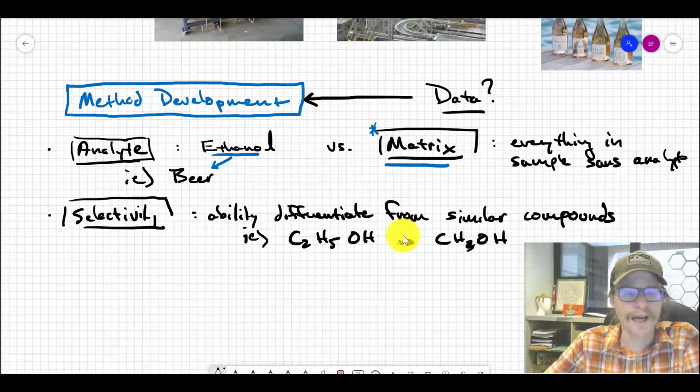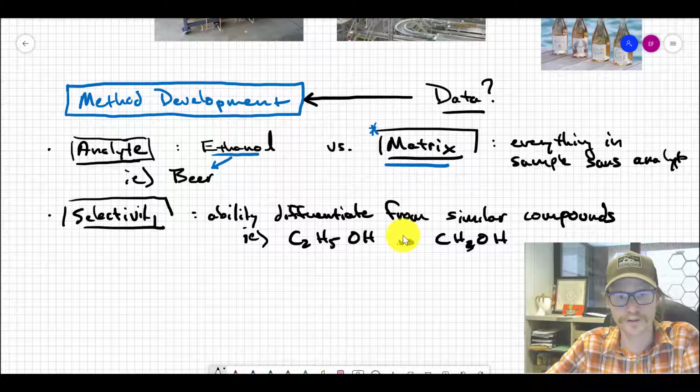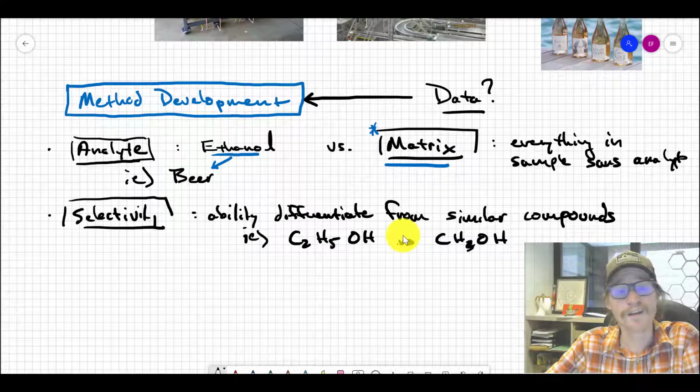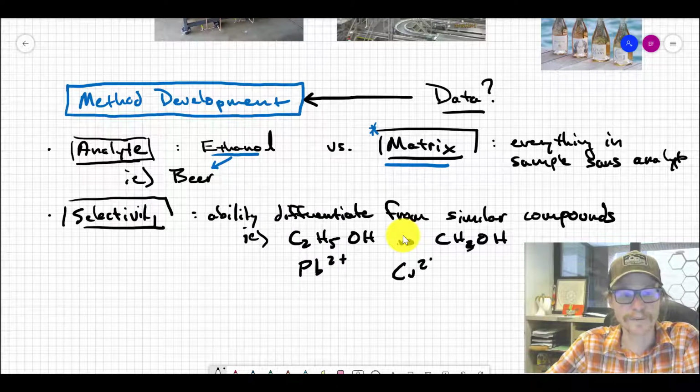In my research lab, I do a lot of analysis of metal ions in water in an effort to develop ultra cheap and affordable open source sensors that everybody can use, especially for communities that can't afford those sorts of things. And often I'm dealing with selectivity issues in developing these sensors where I need a sensor that can measure something like lead, but in the presence of, say, copper 2+, which is a similar size ion and charge ion, it can differentiate.